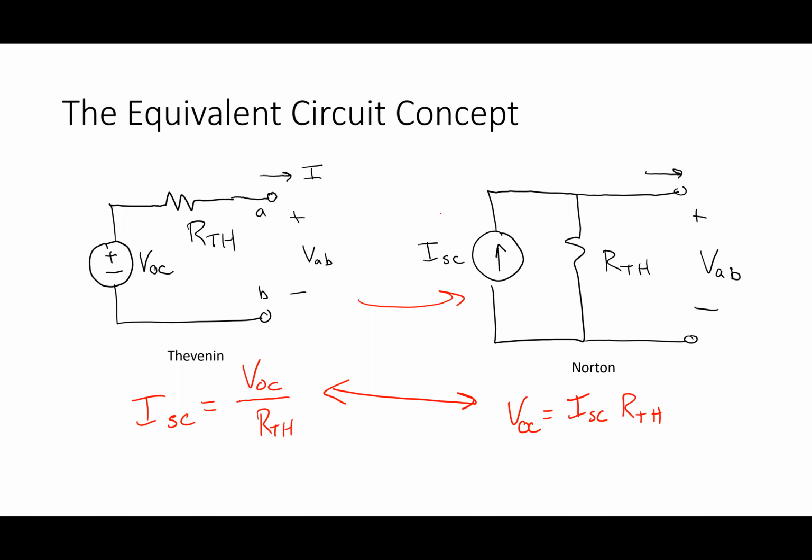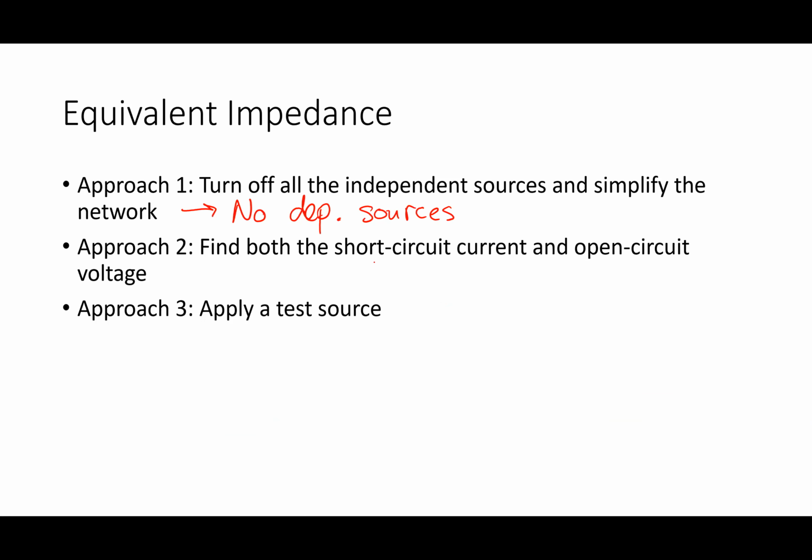Because of the relationship from what you call the source transformation, VOC divided by I short circuit is always equal to the equivalent resistance seen looking into that network. So one approach is to find both the short circuit current and the open circuit voltage and relate them that way. The other is to apply a test source. Technically, 1 and 3 are the same.